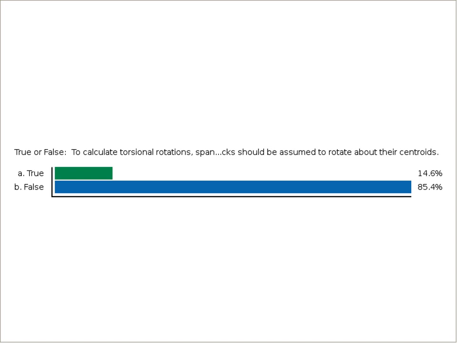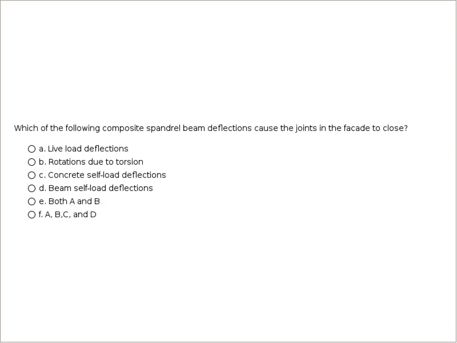All right, good job. So let's go ahead and do one more polling question and see if that one's any more difficult. So the question is, which of the following composite spandrel beam deflections cause the joints in the facade to close?